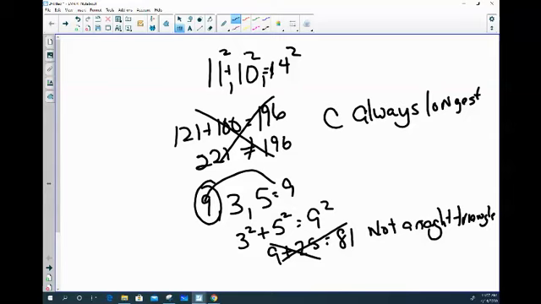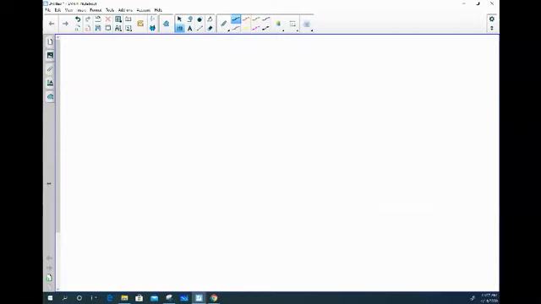Can't even write, but that's okay. You get the picture of what I'm saying. So let's try another one. What if I'm given 7, 3, and the square root of 58? Well, first thing I need to do is decide which number is the biggest.